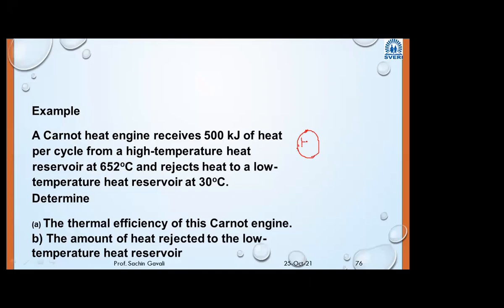Carnot is a reversible heat engine cycle.